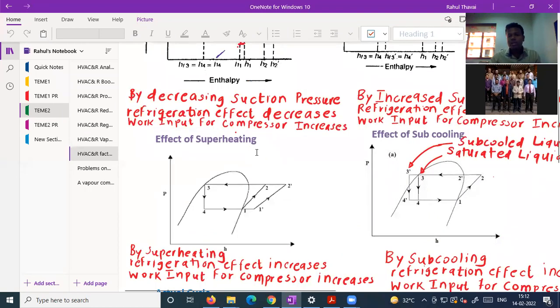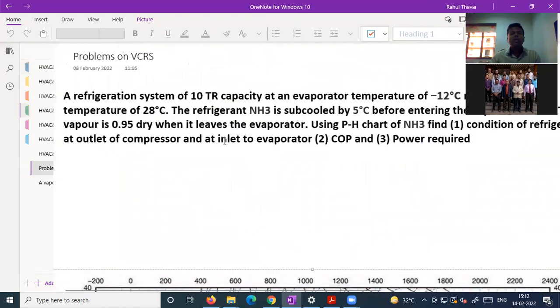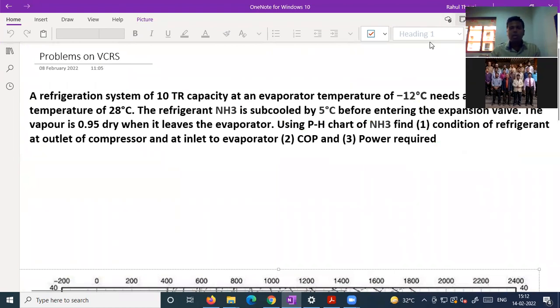So with all this understanding, we'll start with the first problem based on the vapor compression refrigeration system. The problem is a refrigeration system of 10 TR capacity.